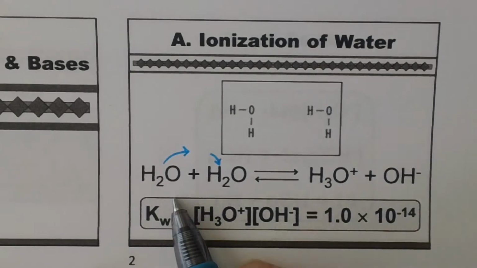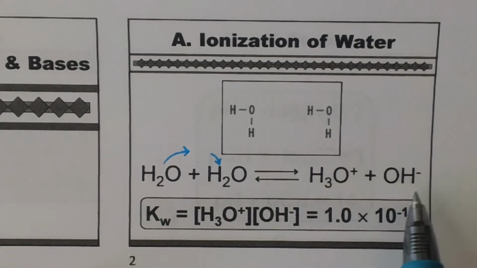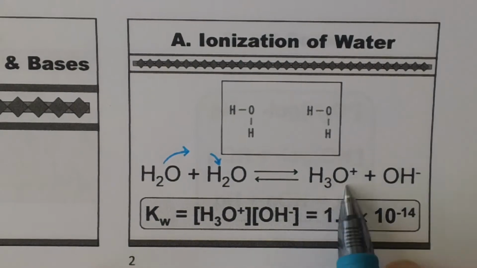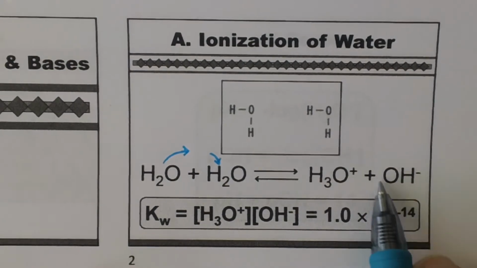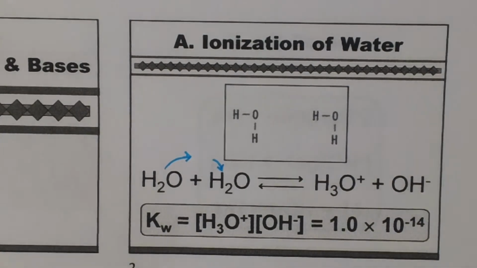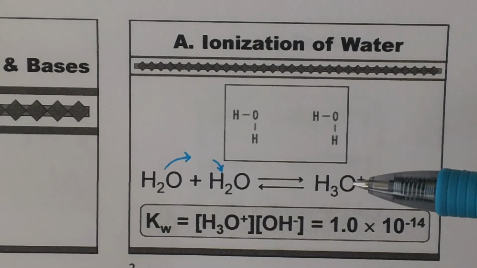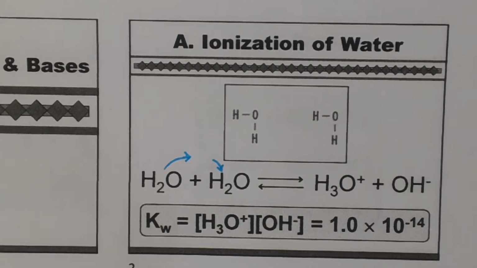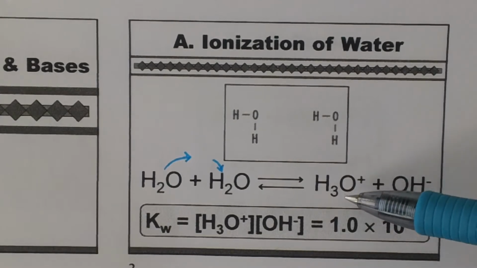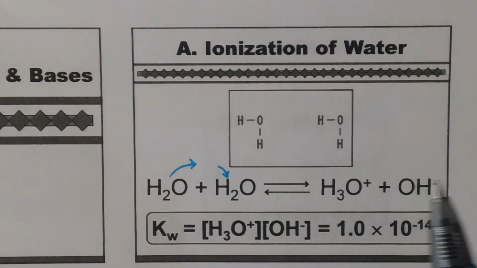And so 2 out of every billion water molecules turn into hydronium ions and hydroxide ions, or acidic particles and basic particles. We talk about water can act as an acid or a base, but water overall is neutral. Why is water neutral overall? Not because it doesn't have any acidic or basic particles, but because it has exactly the same amount of acidic and basic particles, is what this is showing.